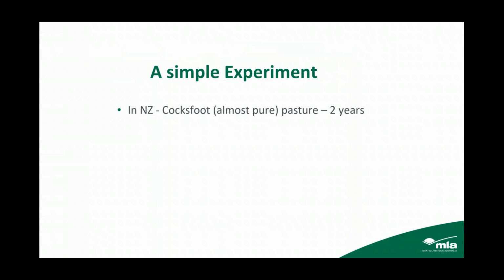It's a very simple experiment, and the growth rates are quite phenomenal. It's done at Christchurch. And we've got a pure cocksfoot pasture. It's almost pure cocksfoot, so you don't have to worry about anything else. The experiment goes for 2 years. There are 2 levels of 2 treatments.